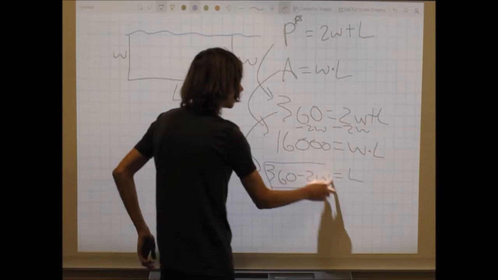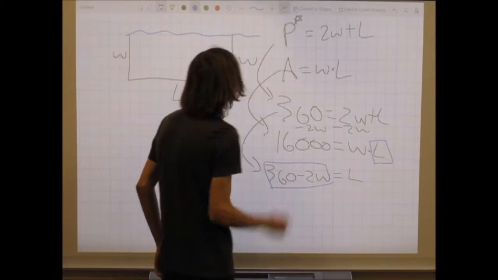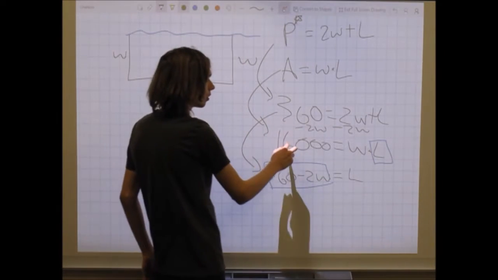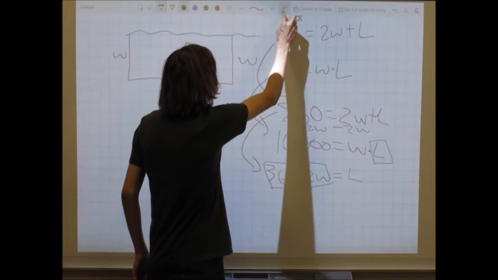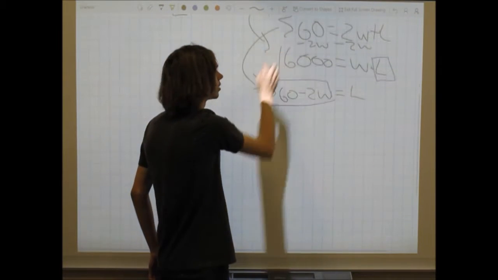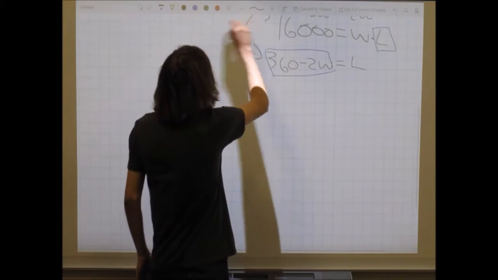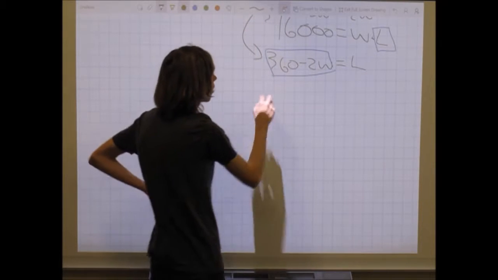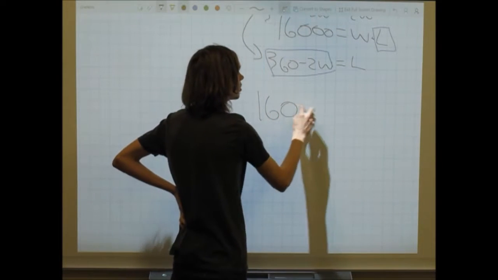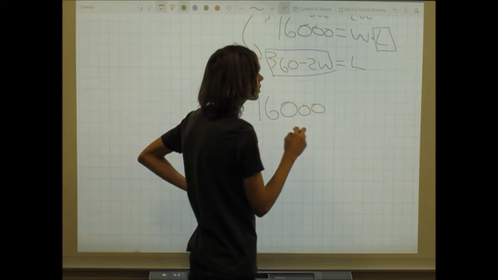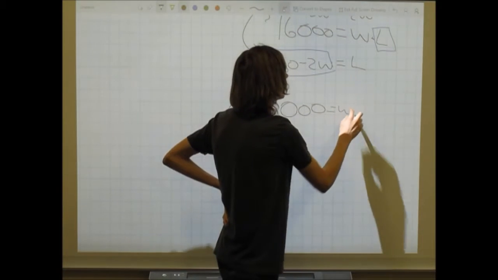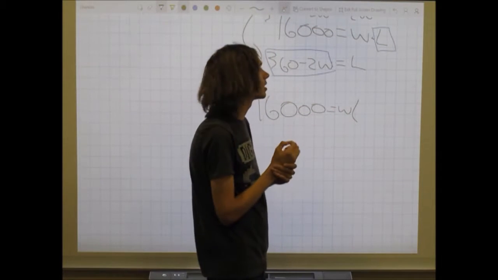Since that's equal to L, we can substitute it right here. So that means if we rewrite it into this equation, these equations are kind of stacking on top of each other. If we rewrite it in there, we're going to get 16,000 equals W times L, which we know is 360 minus 2W.